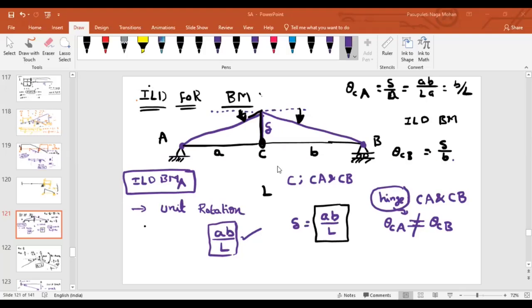It is a hinge support. If it is a hinge support, what is the bending moment? 0. Then how will the ILD develop for bending moment at A? It is 0. If bending moment is 0, what can you say? It's simply a line.